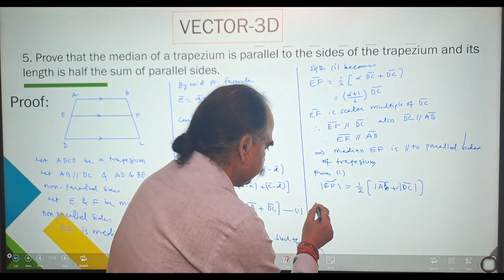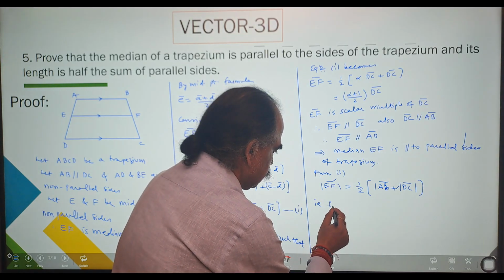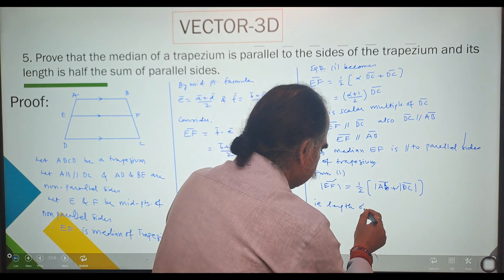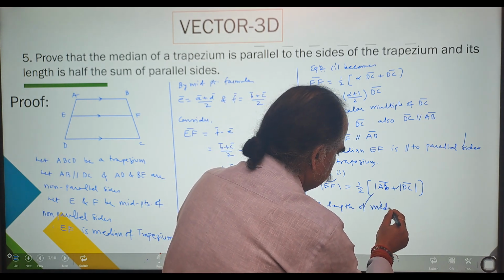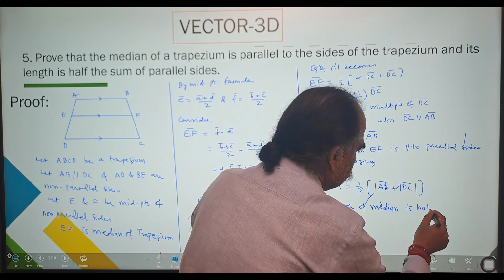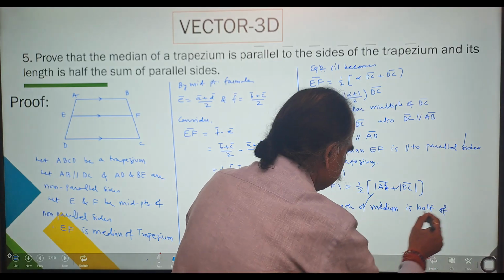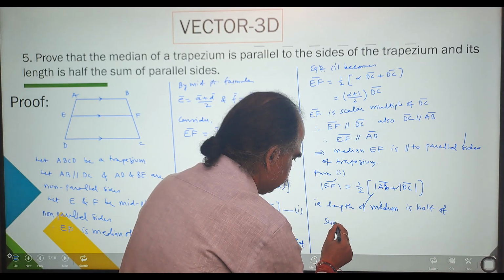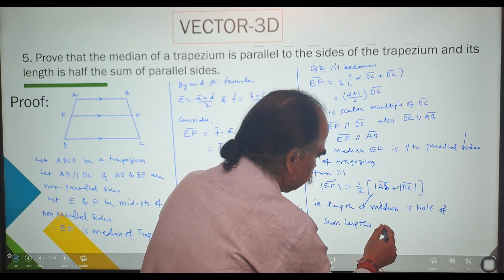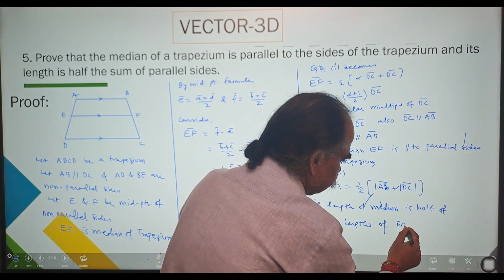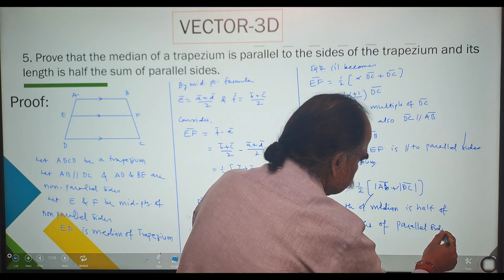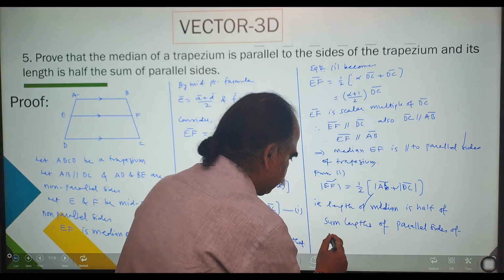That is, the length of the median is half of the sum of lengths of parallel sides of the trapezium.